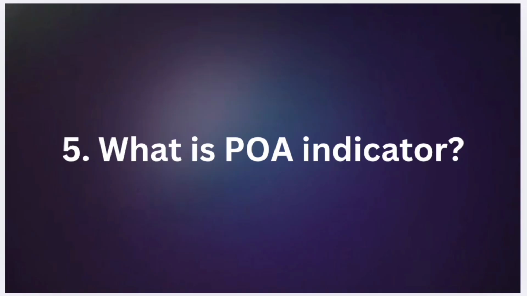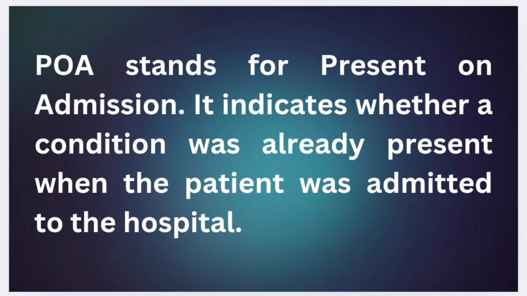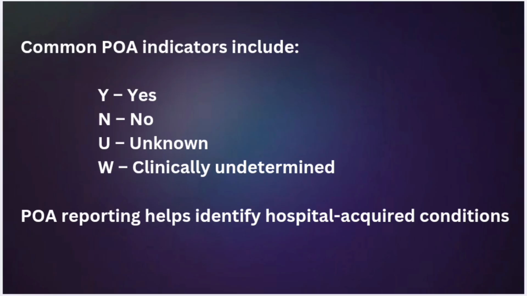Okay. Next, what is POA indicator? POA stands for present on admission. So it indicates whether a condition was already present when the patient was admitted to the hospital. So common POA indicators include yes, no, unknown, and undetermined.